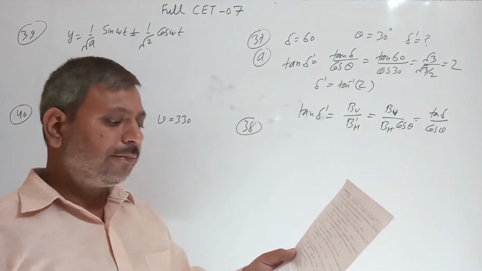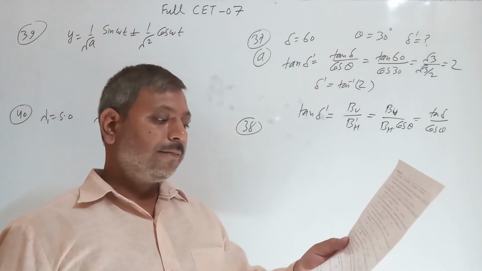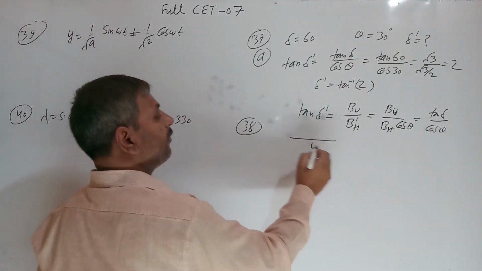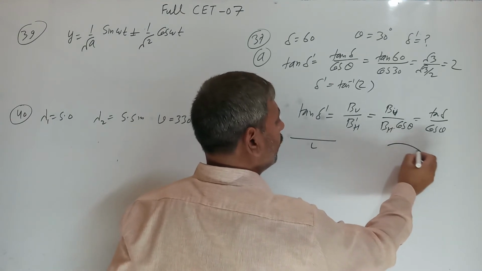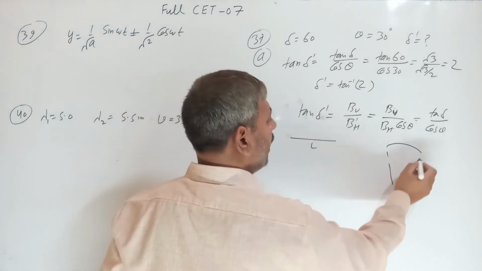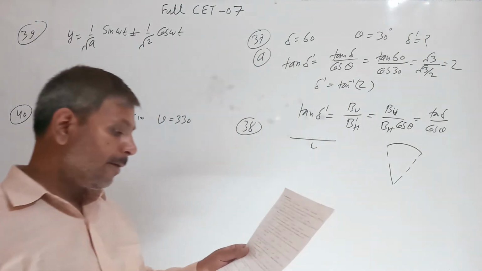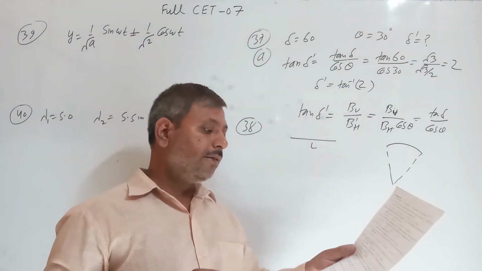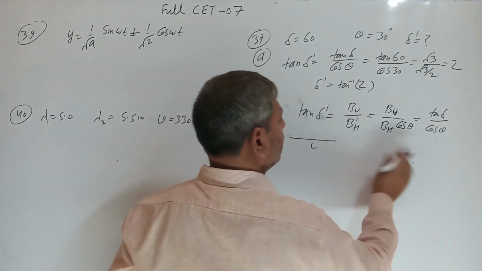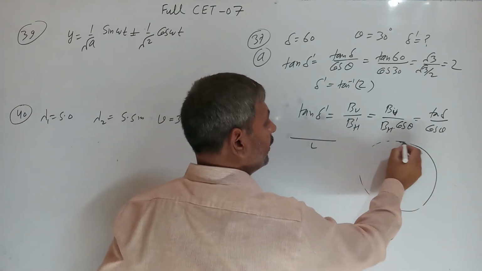Question 38: a bar magnet of magnetic moment M is bent in the form of a quadrant of a circular arc. Suppose this is the bar magnet of length L. This is converted into a quadrant arc, a quadrant of a circular arc.